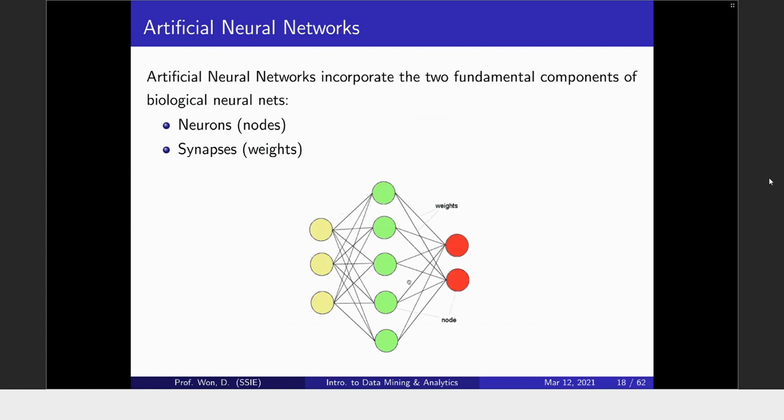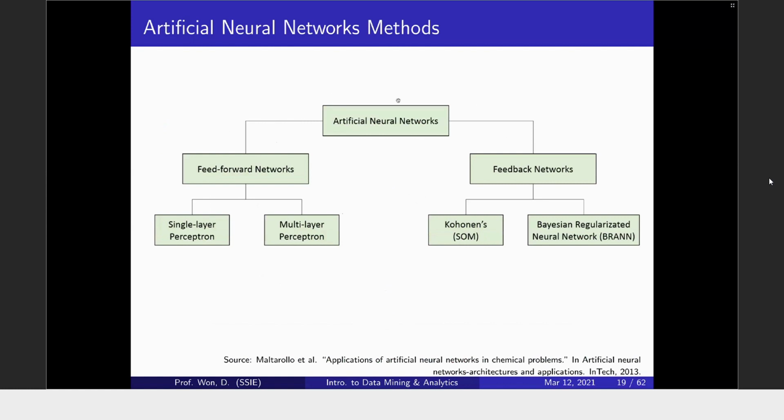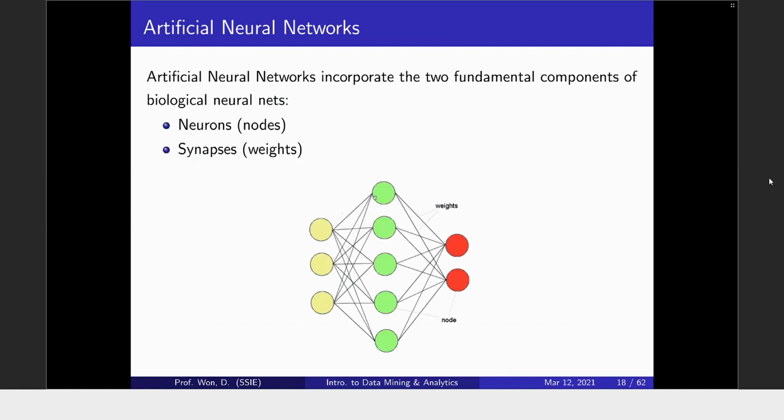So in terms of the calculation, it is determining the weights of the connectivity between the nodes. This weight and connectivity is the same as the logical thinking or decision making process in the neurons, right?